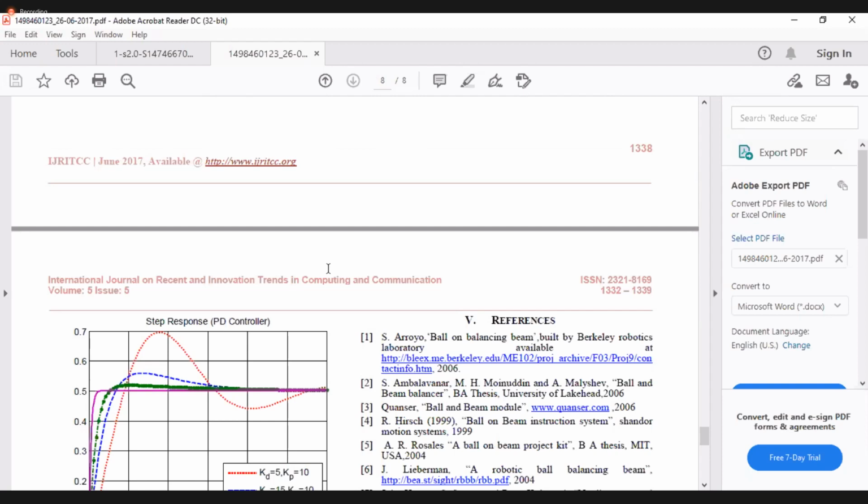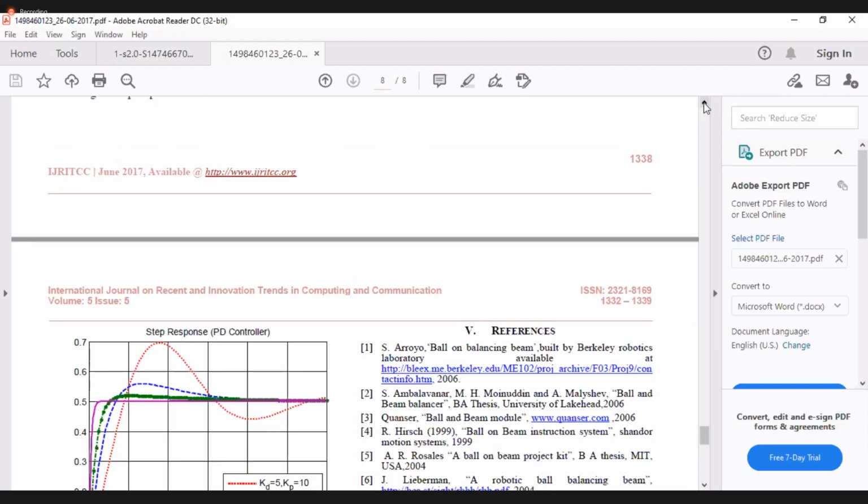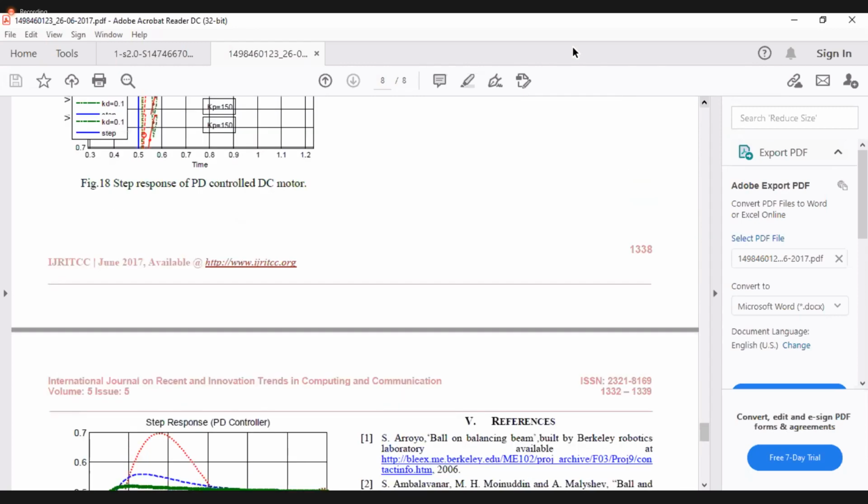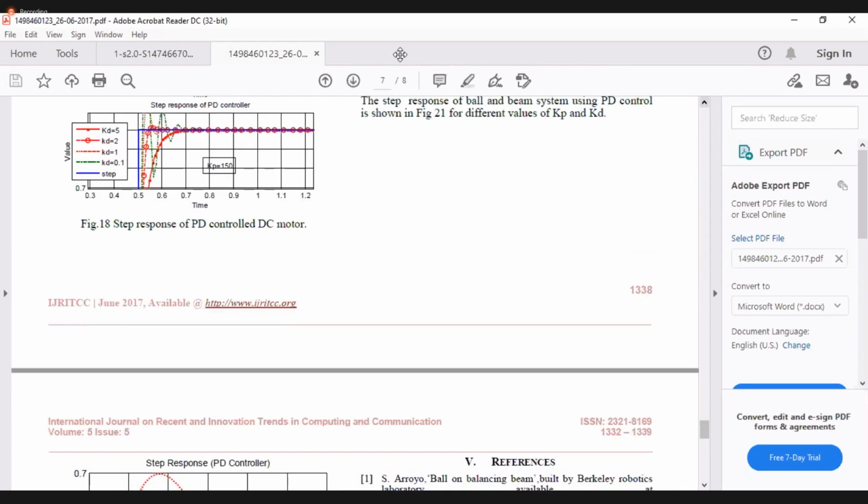Sir, what's the maximum per group? Per group? Maybe 4, 5? 5 works. Yeah, 5 maximum.